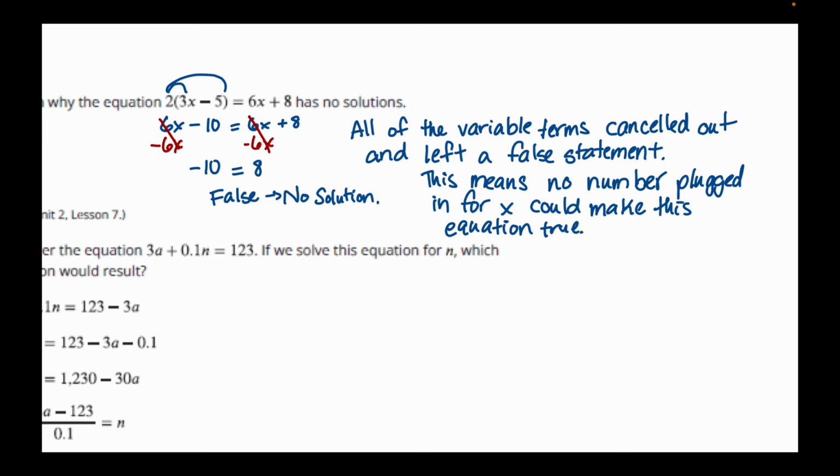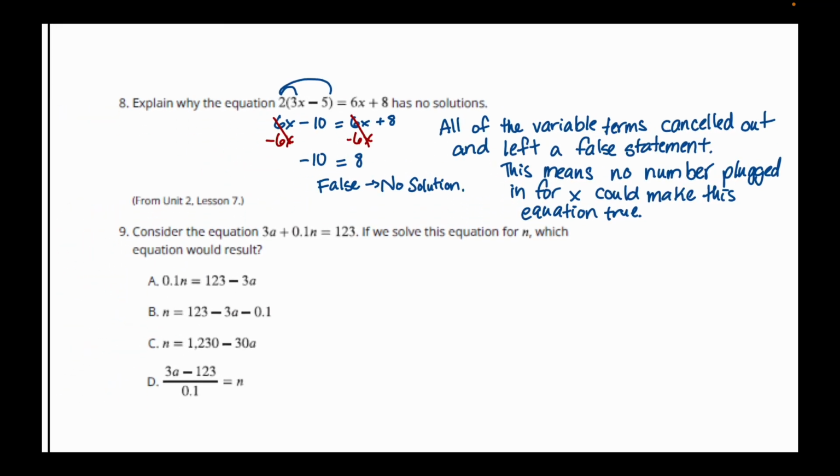So what that means is basically like, hey, if I tried to plug something in here for x, those numbers are essentially just going to cancel out and disappear. And nothing is ever going to change that negative 10 and positive 8 and make them equal to each other. I could put in whatever number I want and it's never going to happen. So that would make it no solution.